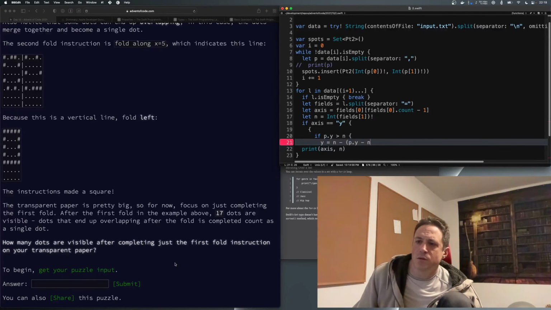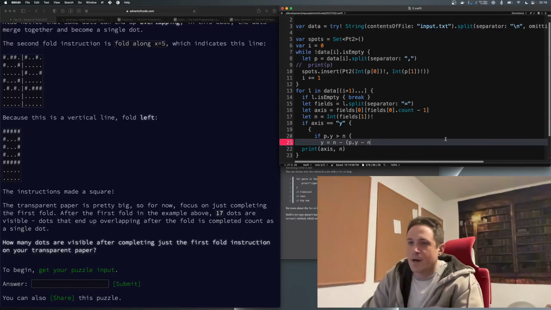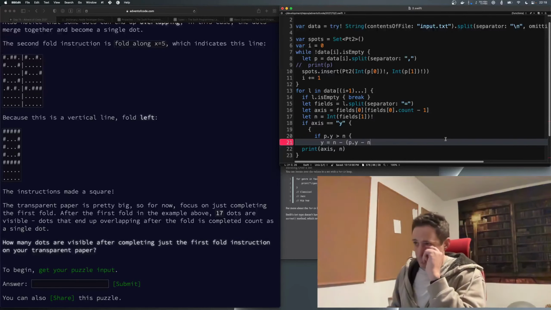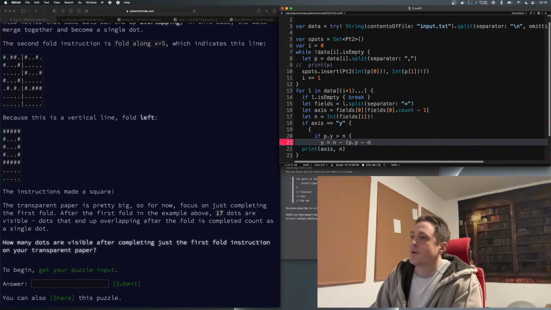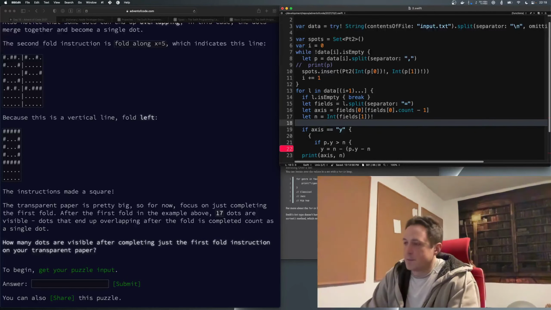Instructions made a square. Okay. Is pretty big. Focus on just completing the first fold. How many dots? Just the first fold instruction. Oh, we don't even need to do. Okay.